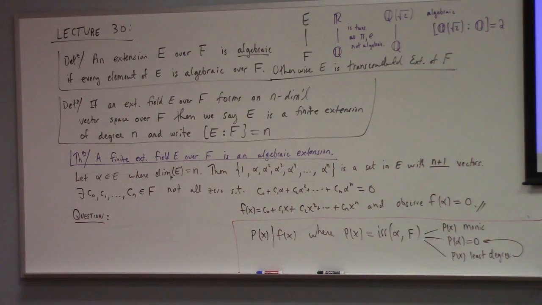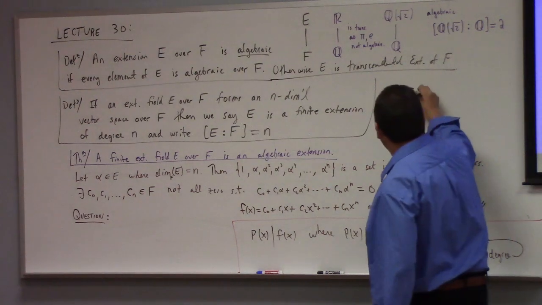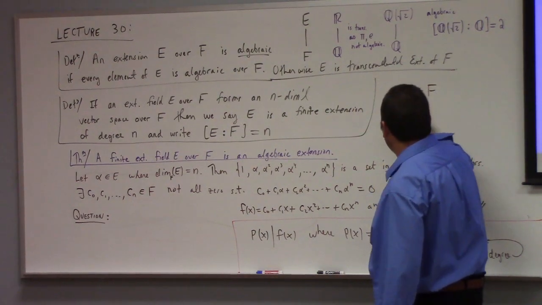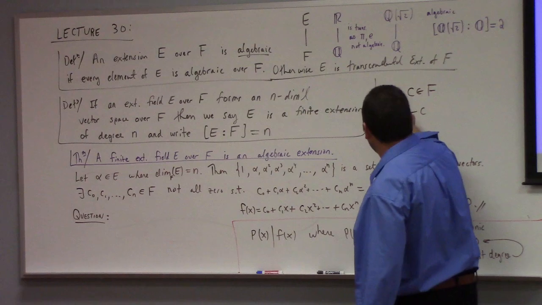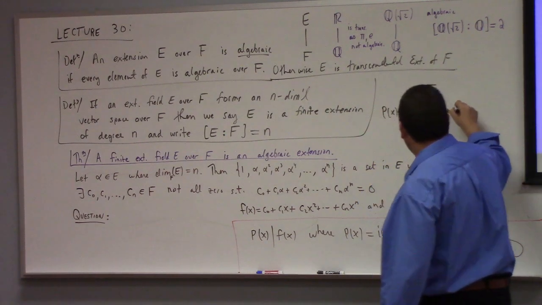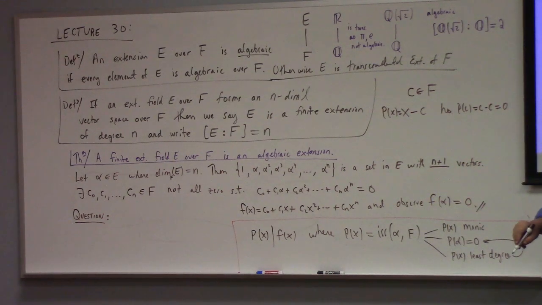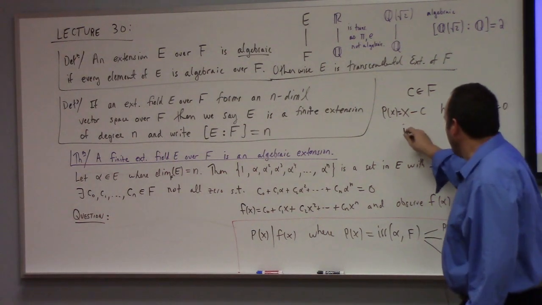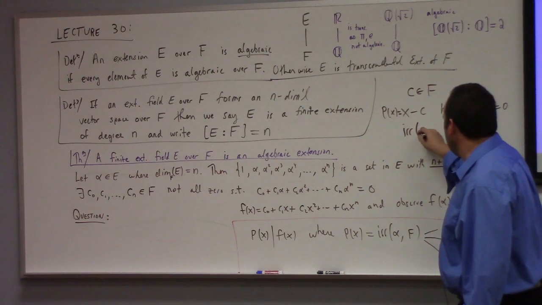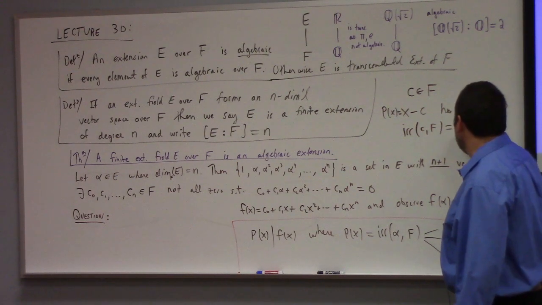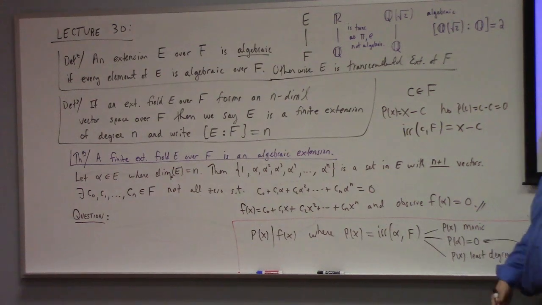It's the polynomial of least degree which sends my element to 0. So to give a stupid example again, if we pick c in the field, then p of x equal to x minus c has p of c equal to c minus c equals 0, right? So the irreducible polynomial of c over the field is just x minus c, for the stupidest example.